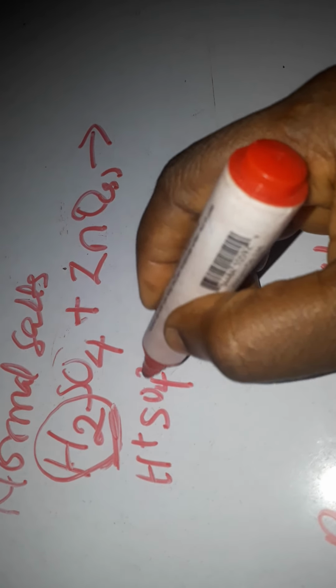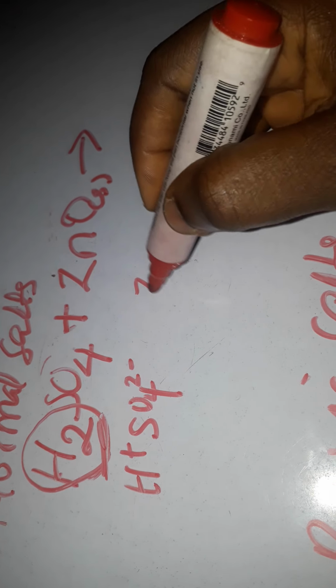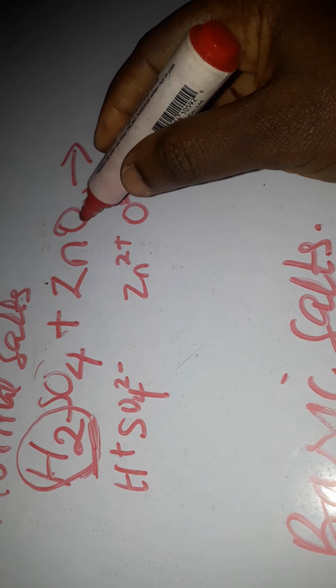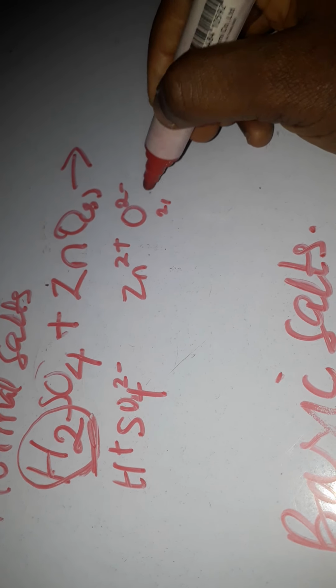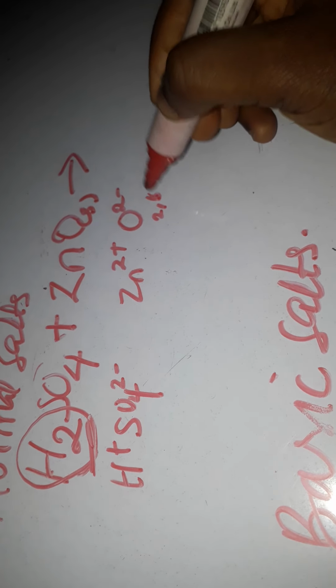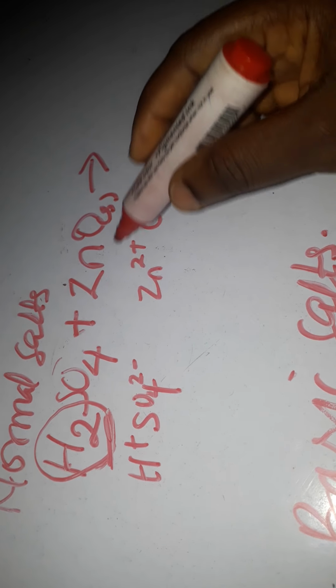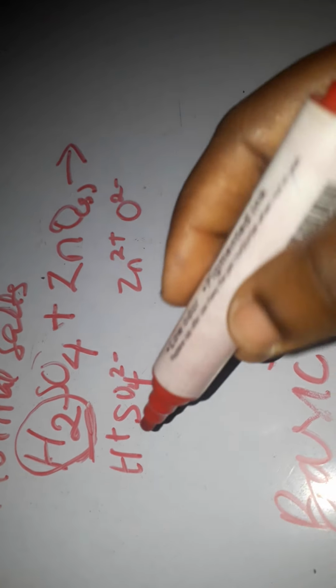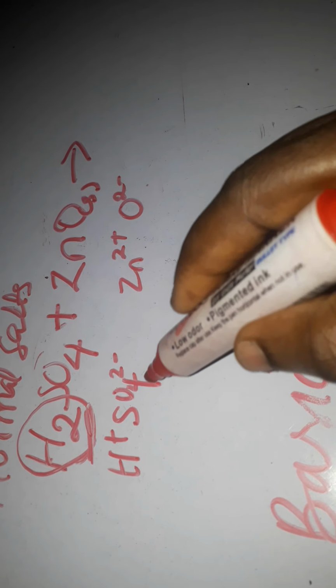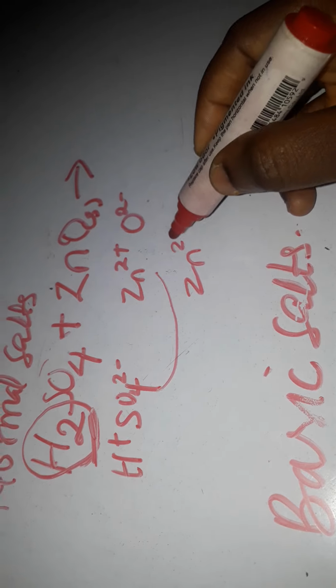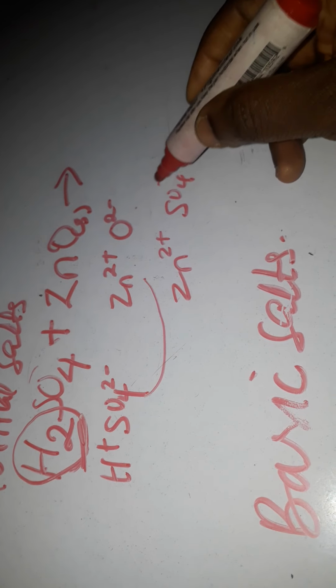We have hydrogen ion, SO4 2-, then we have Zn, which carries 2+, then O2-, oxygen is 8. When you arrange, you have 2 on the first shell, 6 on the second shell, it gains 2. Now, when these 2 combine, you can see that this cancelled out. That was why we got this. And this is the exchange of valency. Now, by the time this and this combine together, you get Zn2+ and SO4 2- coming together.